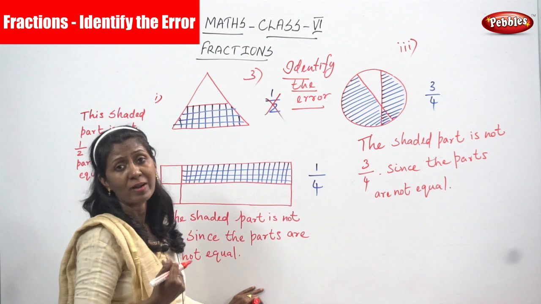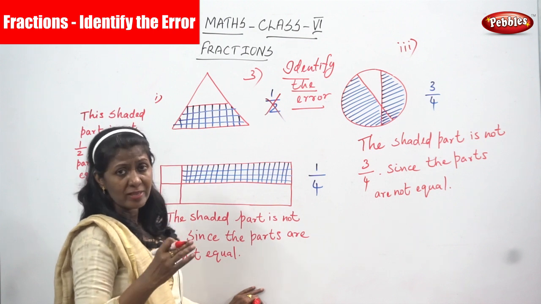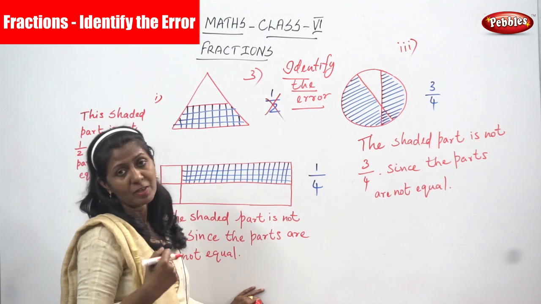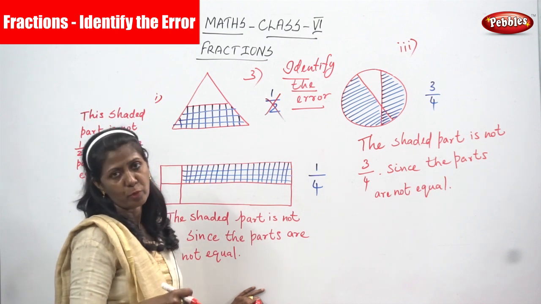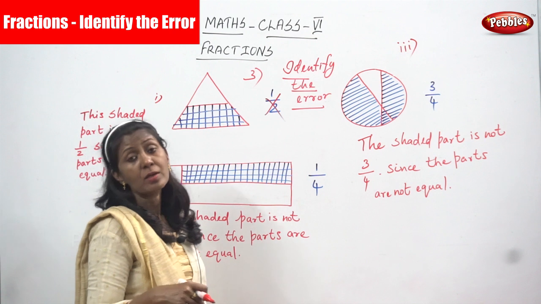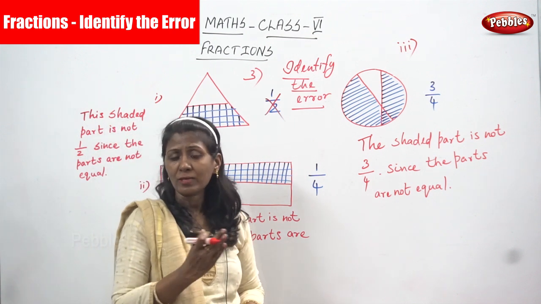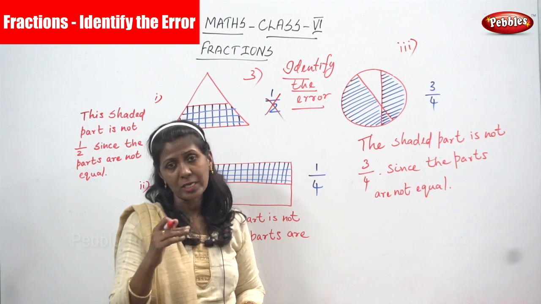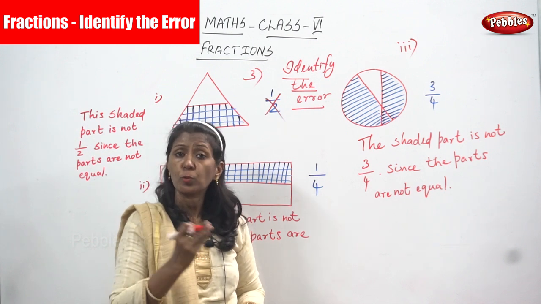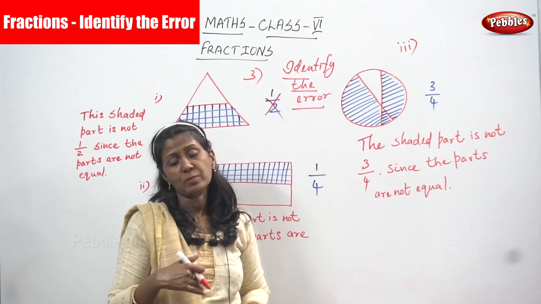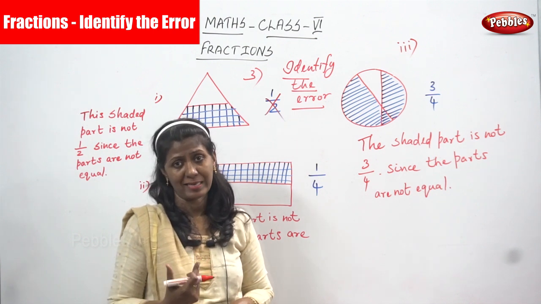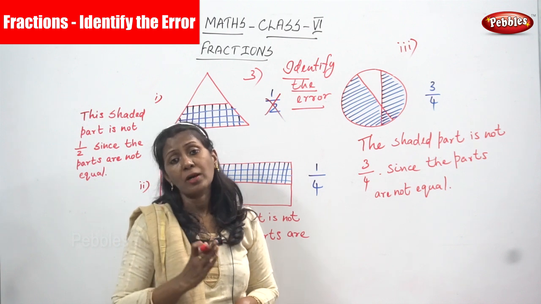From the total number of equal parts you take out a particular number of parts. For example, if I cut into 4 equal parts and take only 2 parts, the fraction is 2 by 4. That is called a fraction exactly.